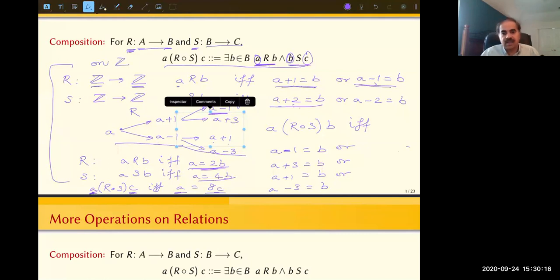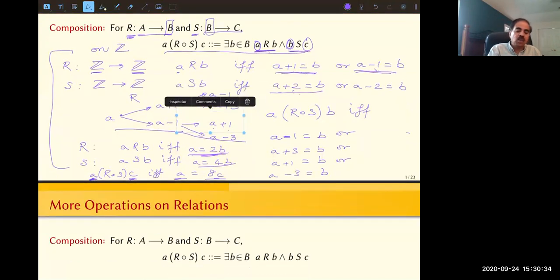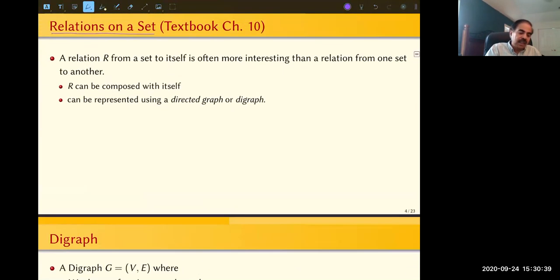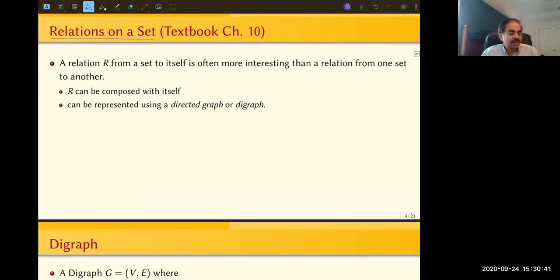And these types of relations are more interesting because things like composition work out without having to have this B and this B be the same in order to compose. If all 3 are the same, then you can compose as many times as you want. So things get more interesting, and you can study more properties of relations if they go from the same set to itself, right?